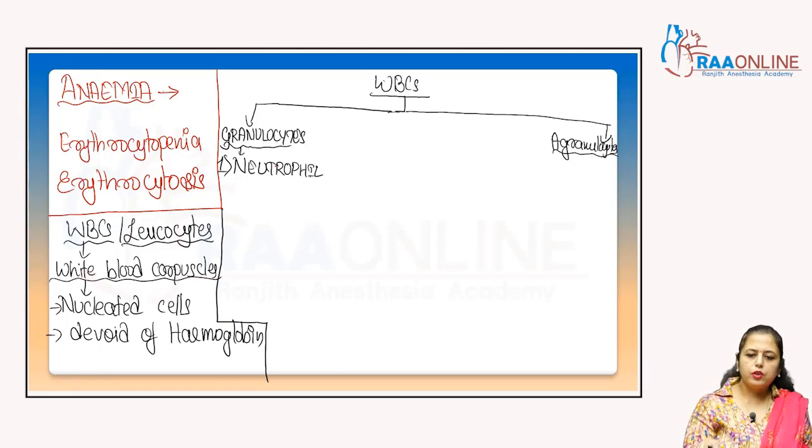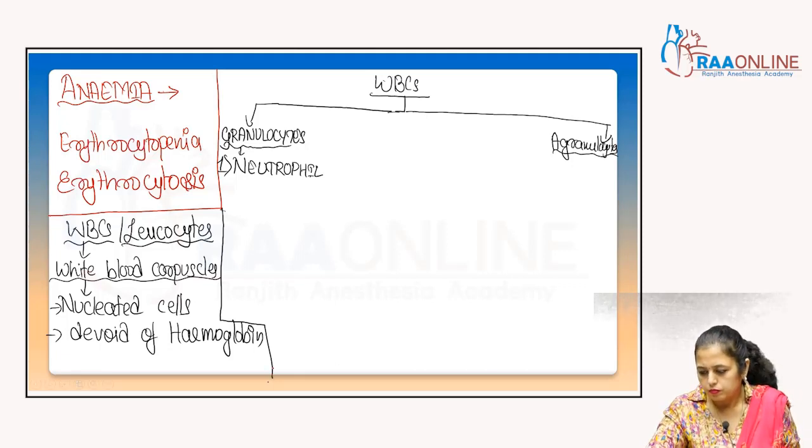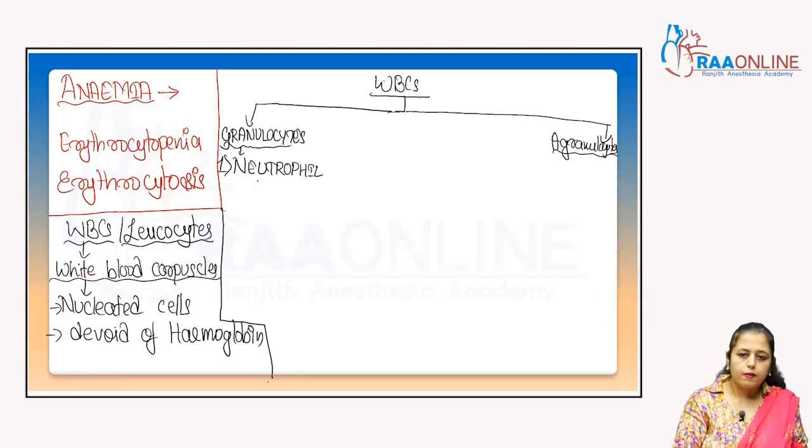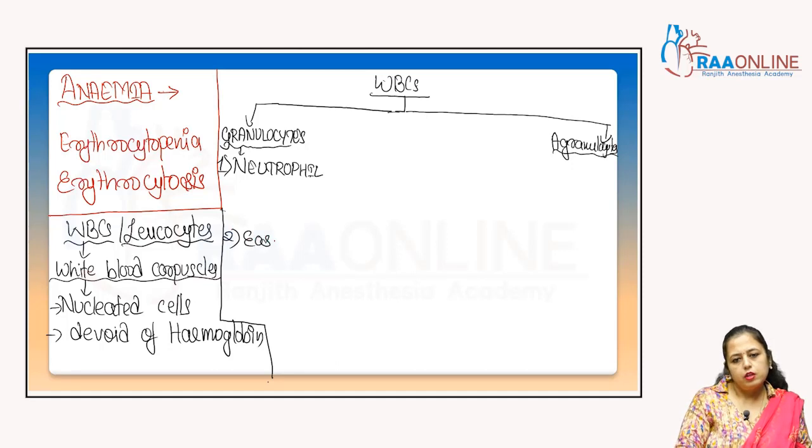First one is the neutrophil, second is eosinophil, and third is basophil, right?